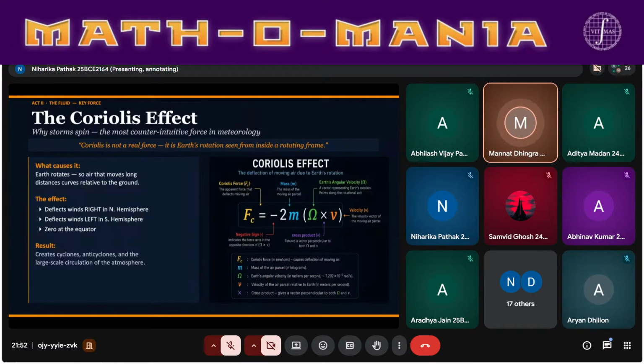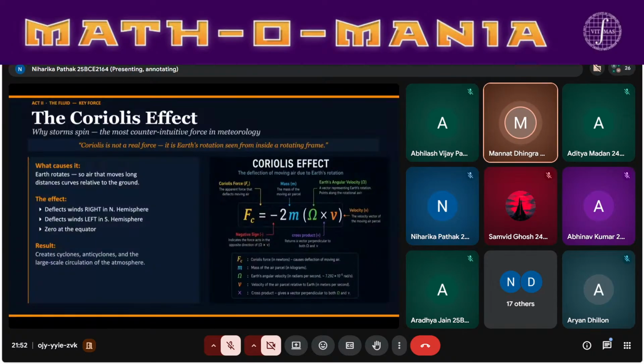So now what exactly happens is some force in the opposite direction acts on the air, which causes the deflection and causes it to move in curved motions. So now, as I've mentioned, the formula is that the Coriolis force is equal to minus 2m into omega, where omega is doing a cross product with v, which is velocity.